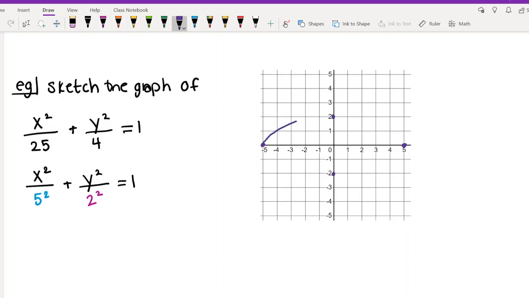And so that's going to give us a graph that looks like this. And so this 5 came from the denominator for x, and then the 2 came from the denominator for y.